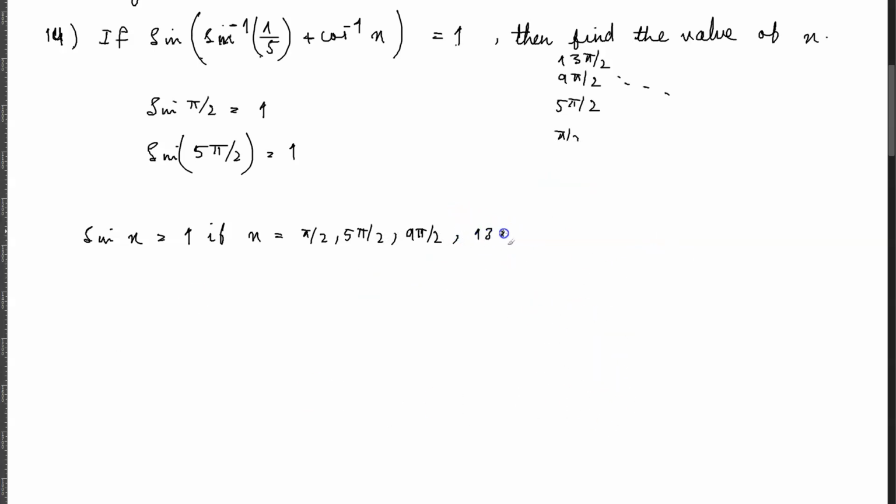I don't want to find the rule over here. Which means that I could assume that sine inverse of 1/5 plus cos inverse of x can be any of these values, and the sine of that angle would be equal to 1. So now we need to find a way to decide what the angle actually is.